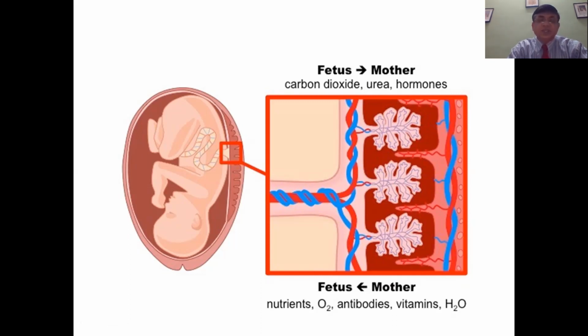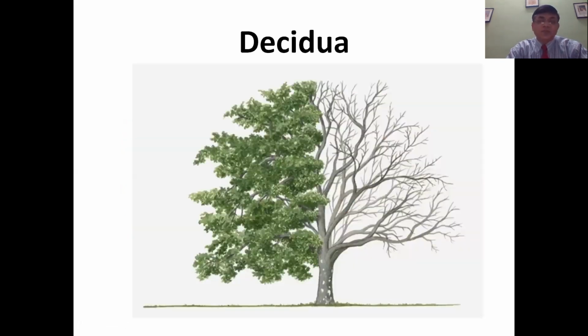Let's see the description of the further structures one by one. We are going to see what we mean by decidua. Decidua is the name of the inner lining of the uterus during pregnancy. In other words, endometrium changes its name to decidua once the pregnancy has occurred. And why is it named decidua?